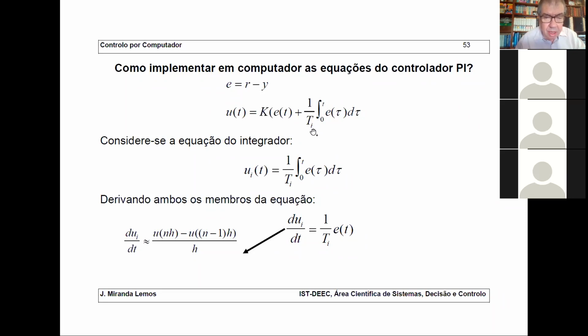Usually people write this gain as 1 divided by Ti, and Ti is a constant, okay? That's integral time. It's a matter of convenience, okay? Sometimes in some books you see K1 and K2 and that's it.